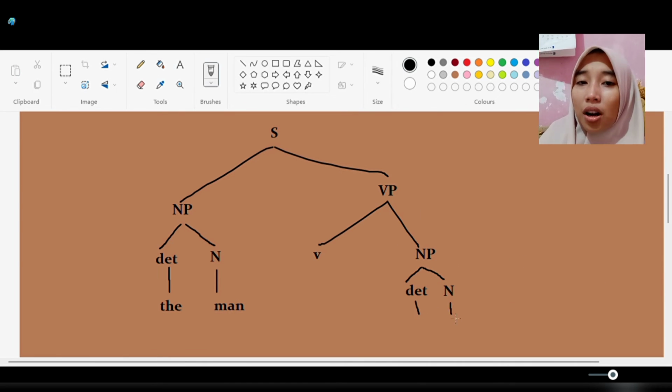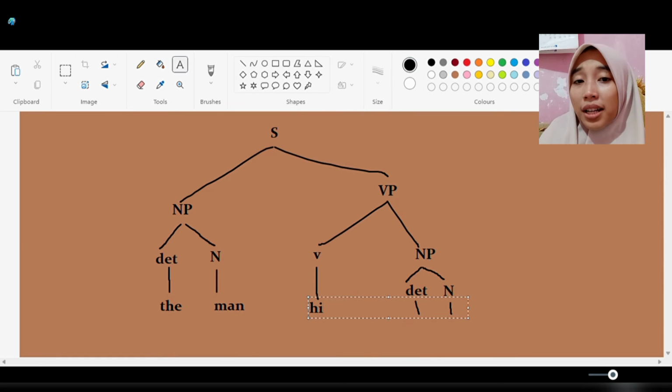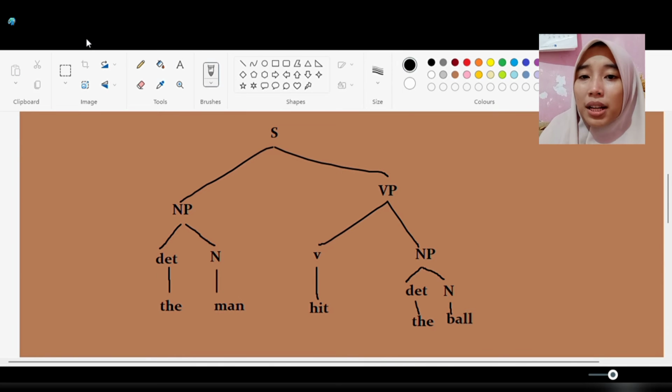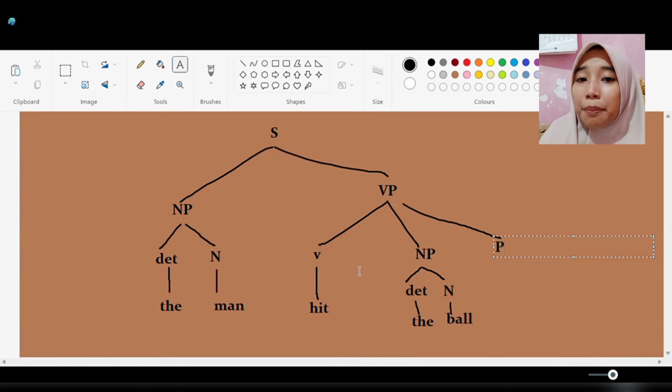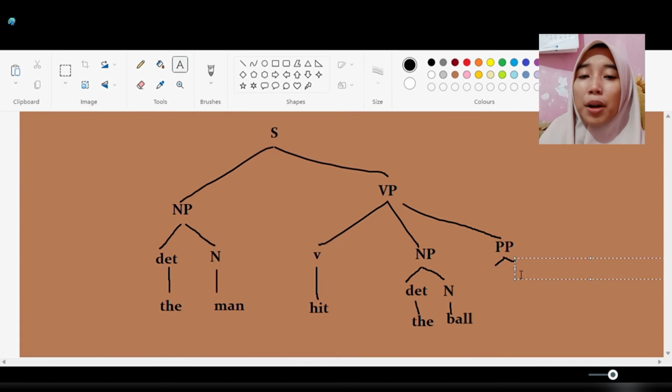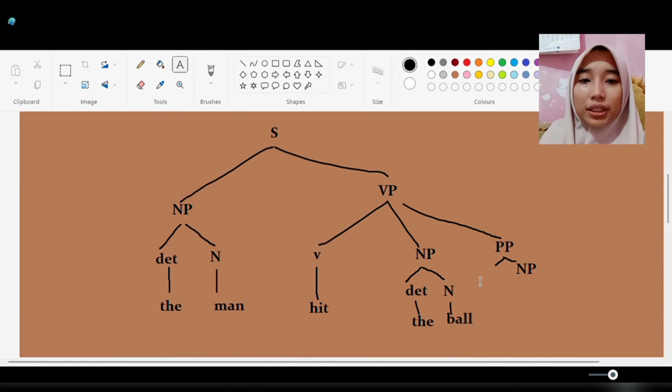Then we have the noun phrase with the determiner "the" and the noun ball. But then we have this prepositional phrase, with the bat. Remember our phrase structure rules in English say that a prepositional phrase must contain a preposition and a noun phrase.